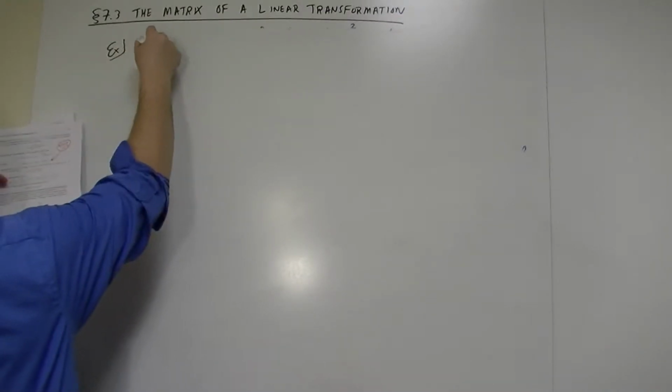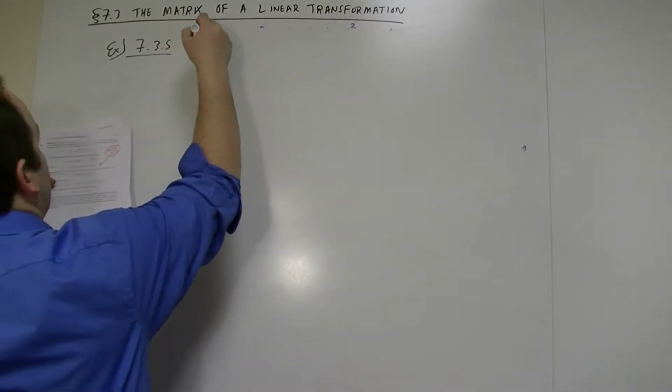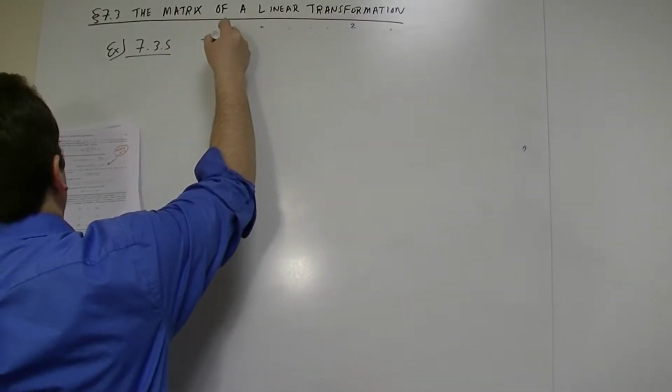Exercise 7.3.5. Here we're going to look at a really kind of weird set of things.